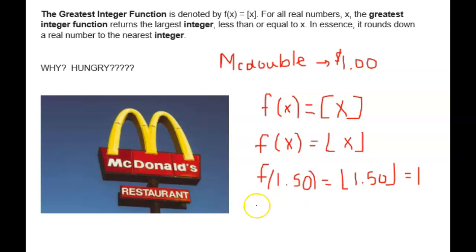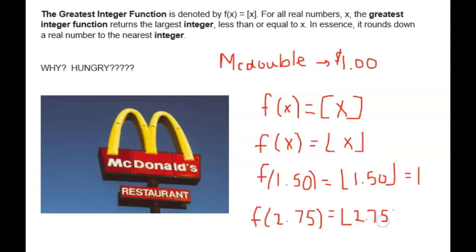Now, say I had $2.75. Again, no matter how hungry I am, would I be able to get three McDoubles? No, I wouldn't be able to get three McDoubles with my $2.75.